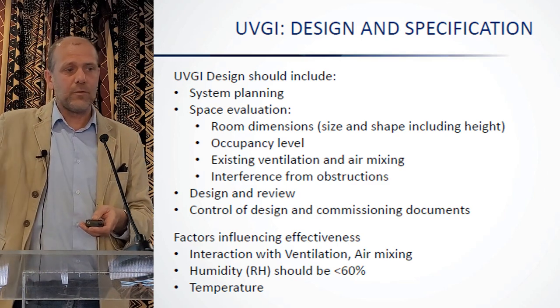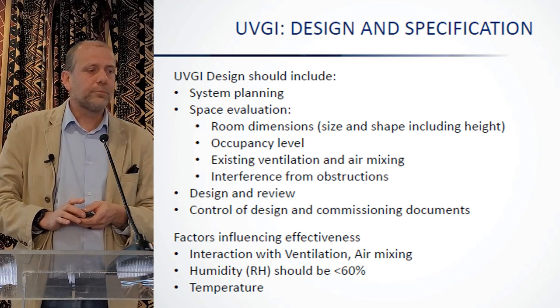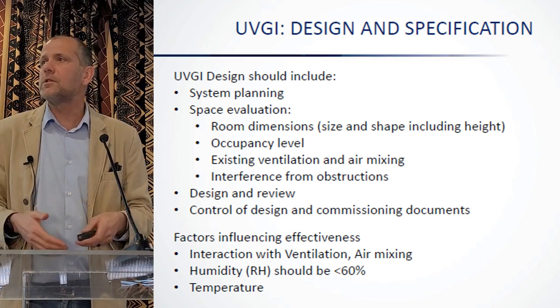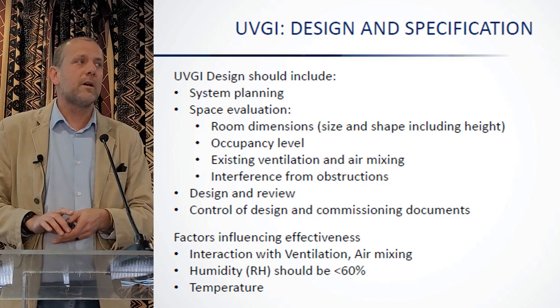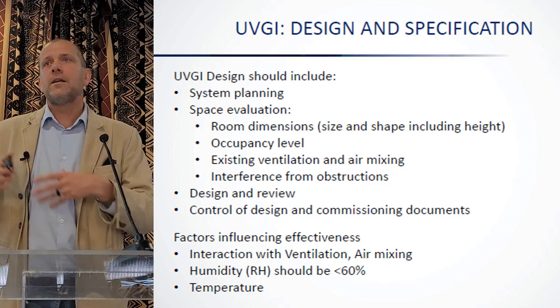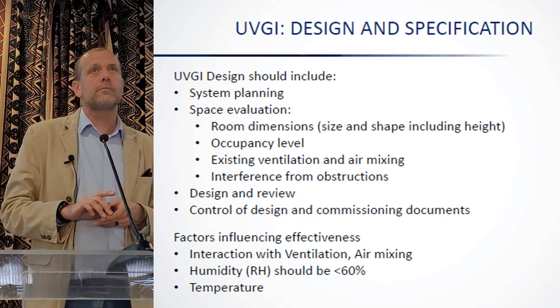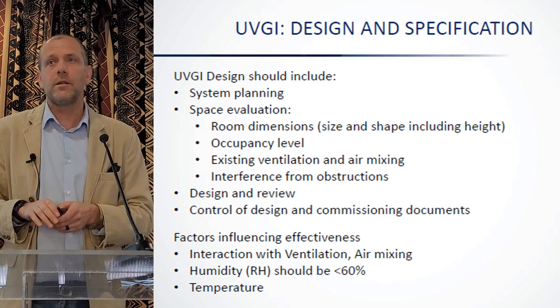Otherwise, you're just buying something from someone off the shelf and you've got no comeback. And then you need some control of your design and your commissioning documents. So like a ventilation system, your UV system should follow the same design, commissioning, installation and setting to work requirements, which are actually prescribed in the building regulations.